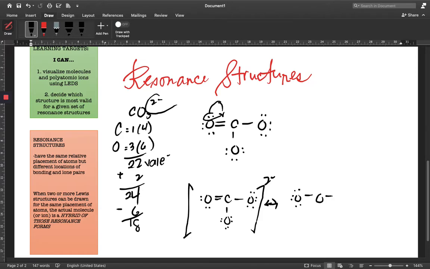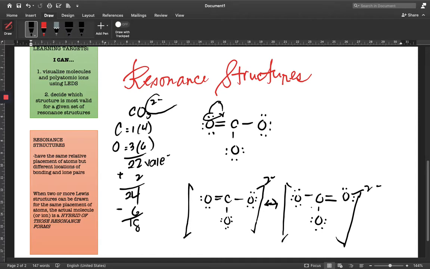So this is 1, 2, O. So 4 more. And then, by the way, this is carbon. And then O here, 1, 2. So we have another resonance structure for the carbonate. Enclose it in a bracket, 2 minus, right?